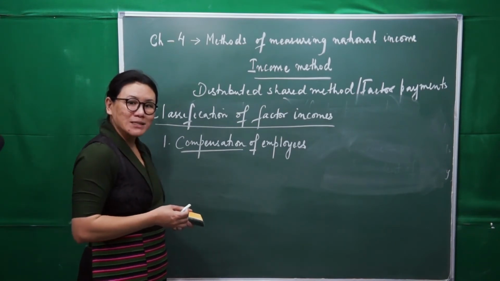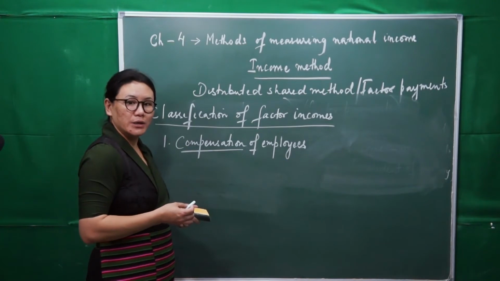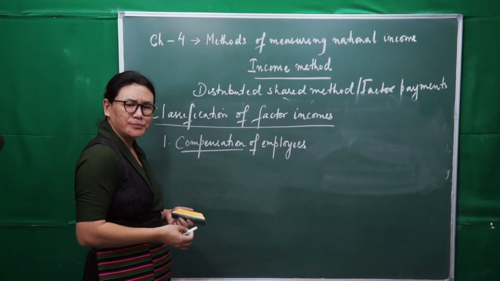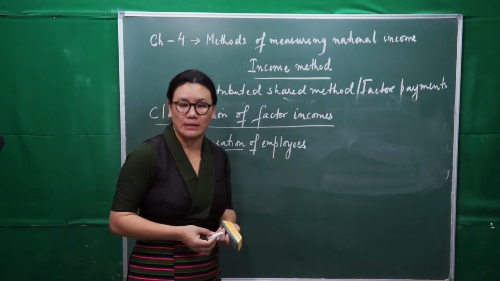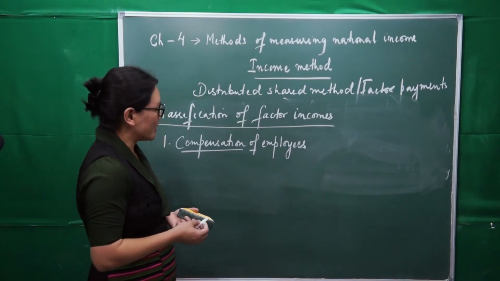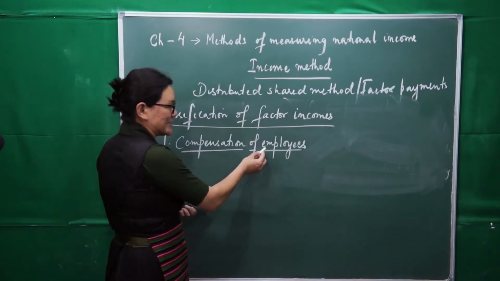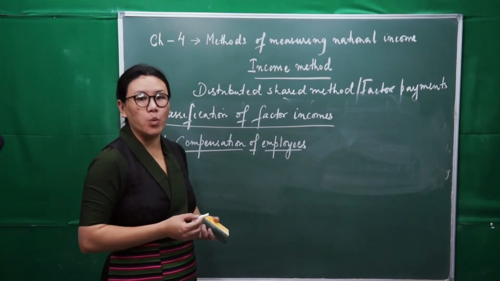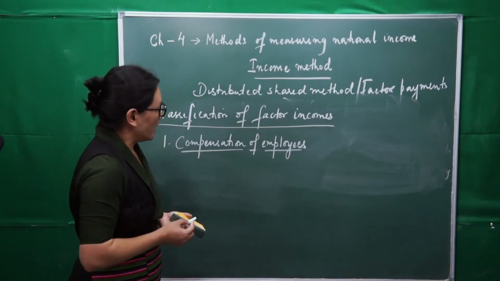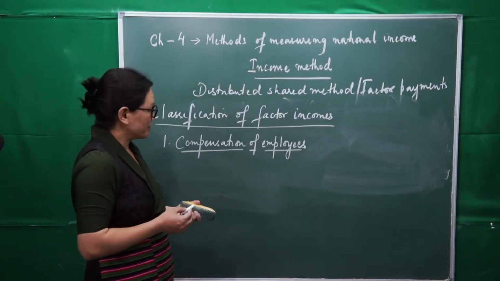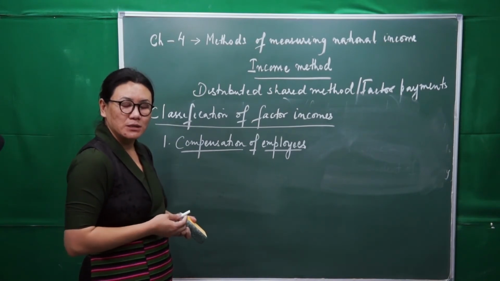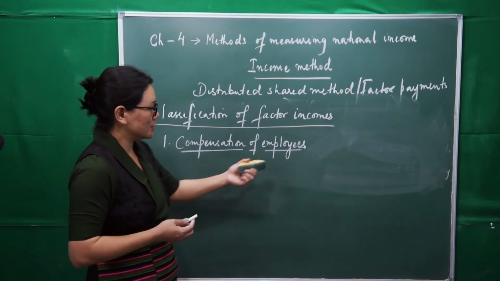By comprehensive here, it means that it includes all kinds of facilities, or we can say benefits, which is given to employees for their work. Okay. Now we will see one by one what kind of facilities or benefits are received by the employees.